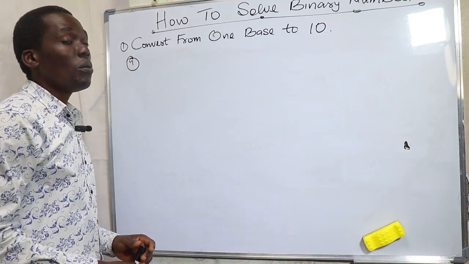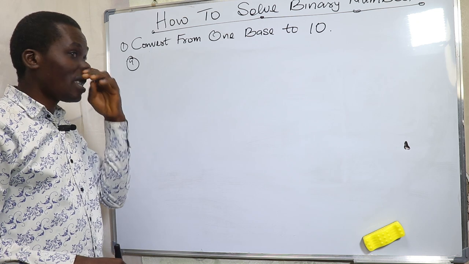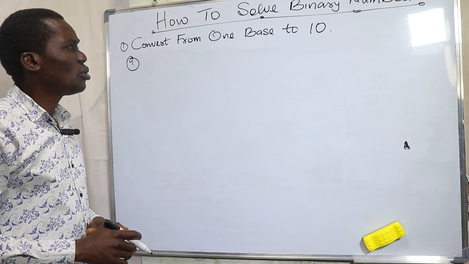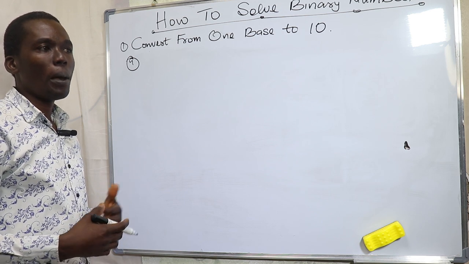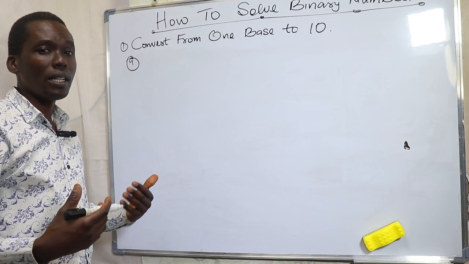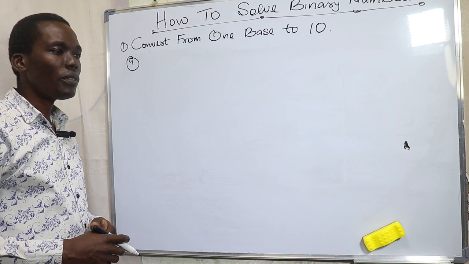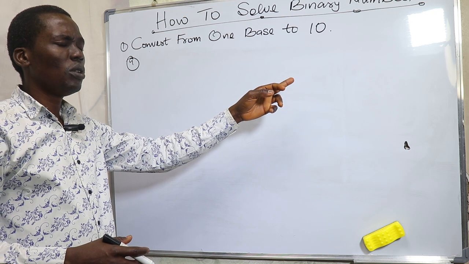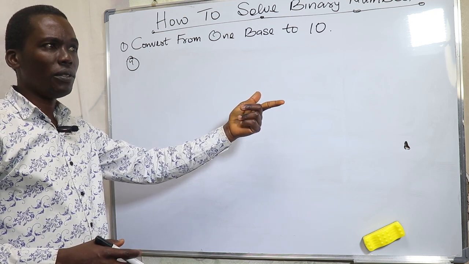So if you are given a number in another base and you are asked to convert that number to base 10, what are you going to do? We simply convert such numbers straight to base 10. Remember, when we converted base 10 to base 5, we used multiple division.